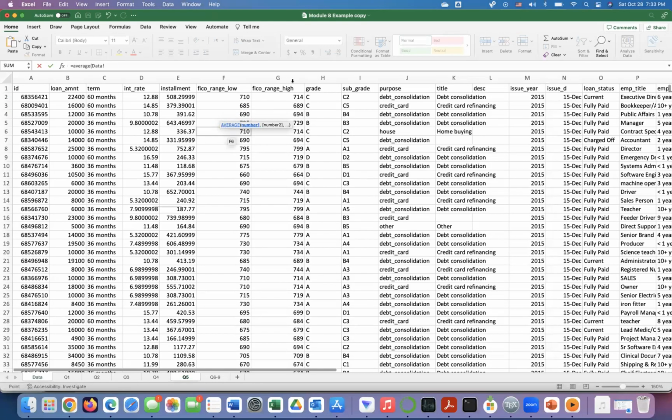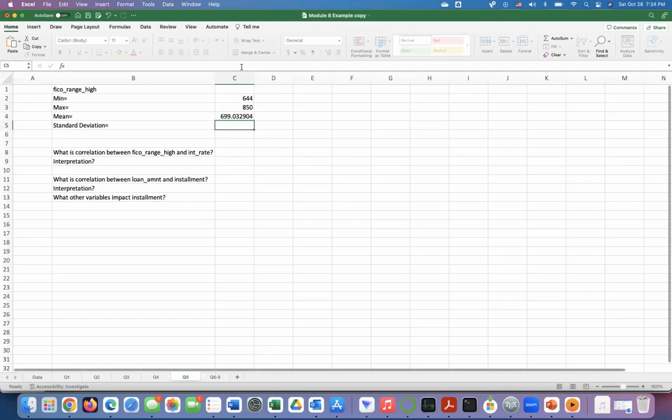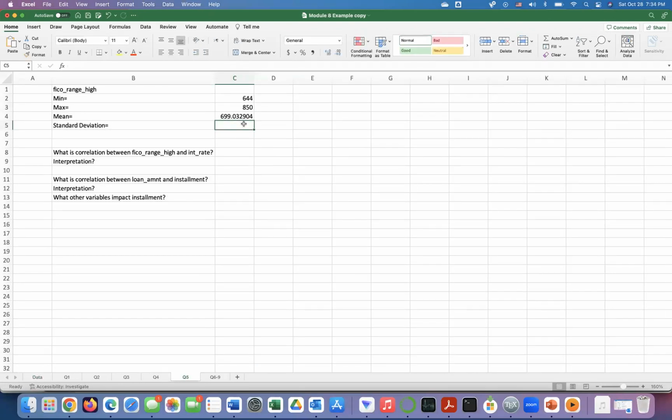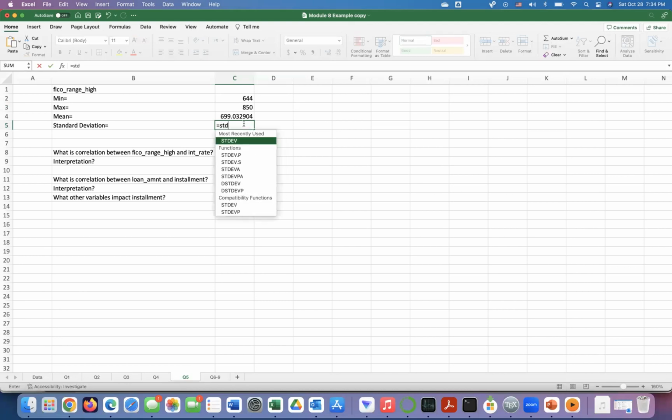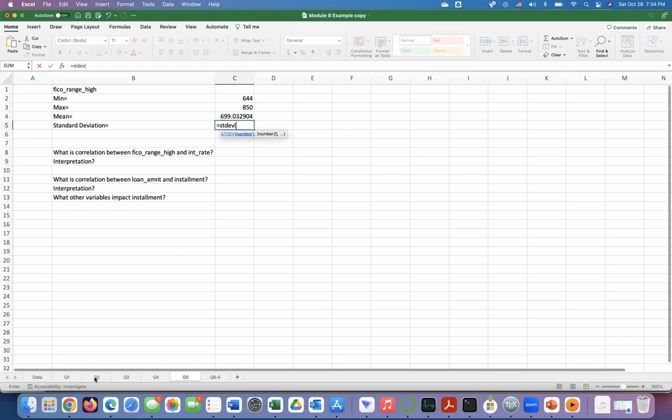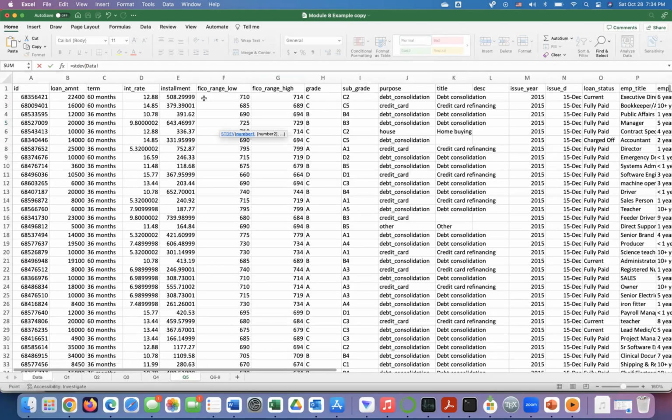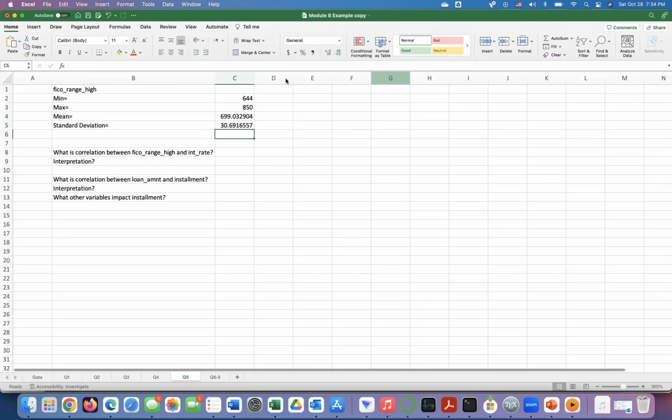Again, FICO range high. 699, and standard deviation STDEV. 30.6.